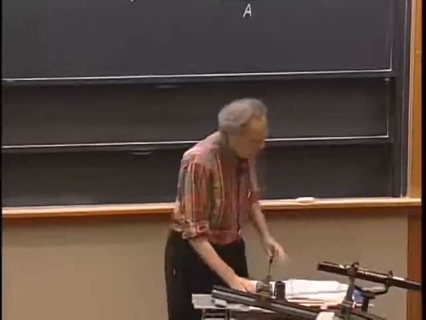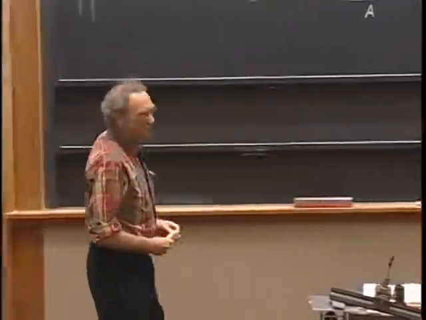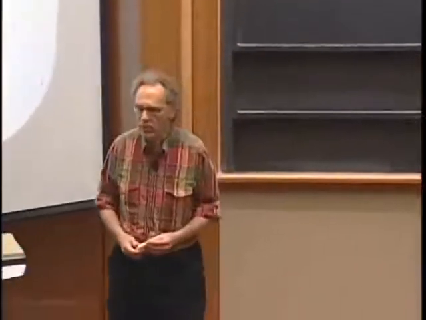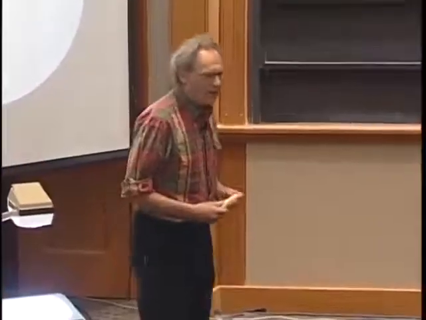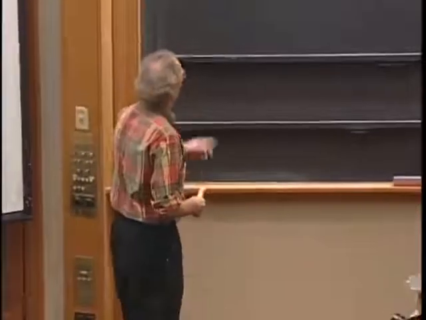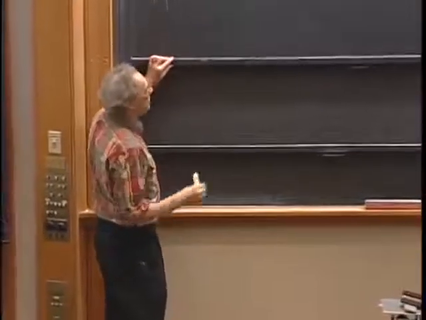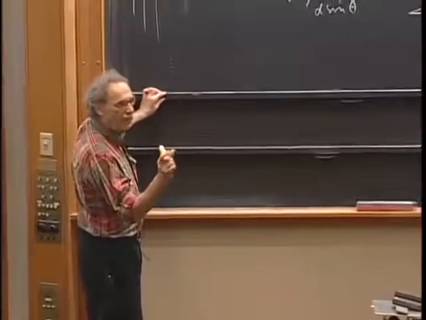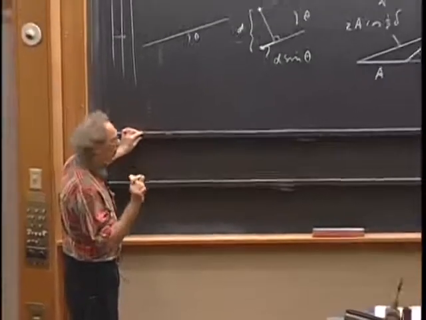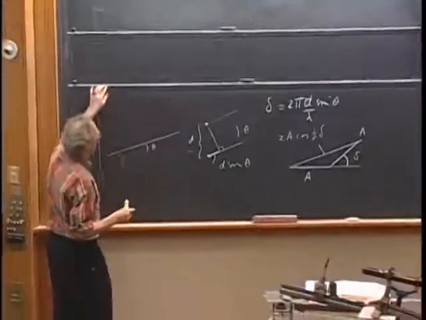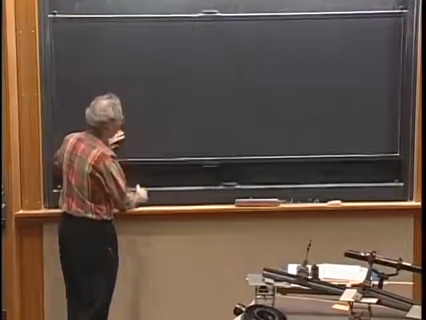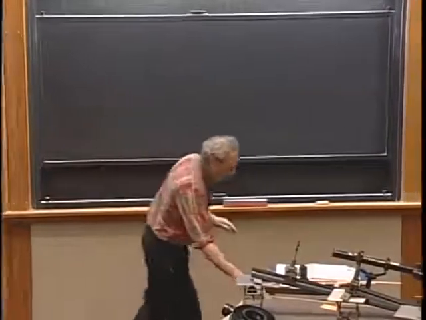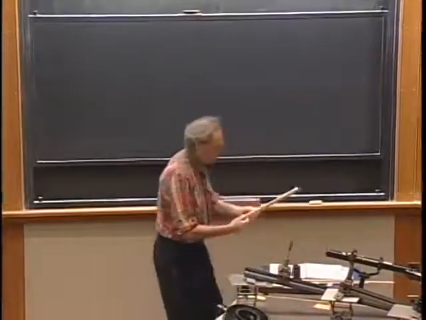And now I'm going to do the vectorial superposition of capital N E vectors that come from these various sources. And the neighboring ones are off by delta. That's the phase angle between them. I will raise this later, but I want to work above my head so that you can see what I do.